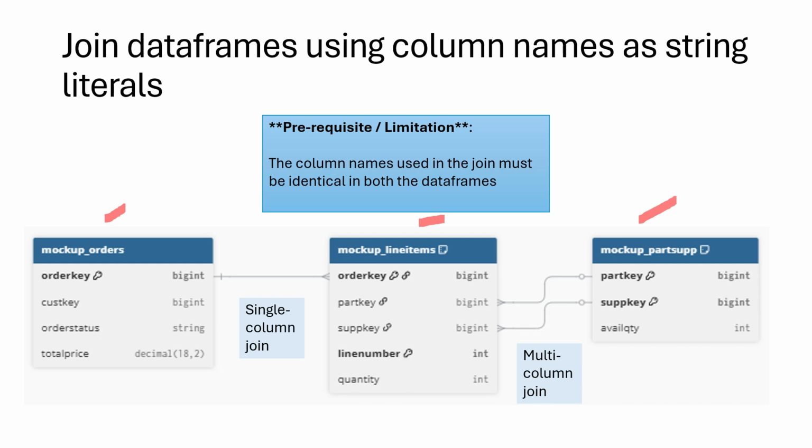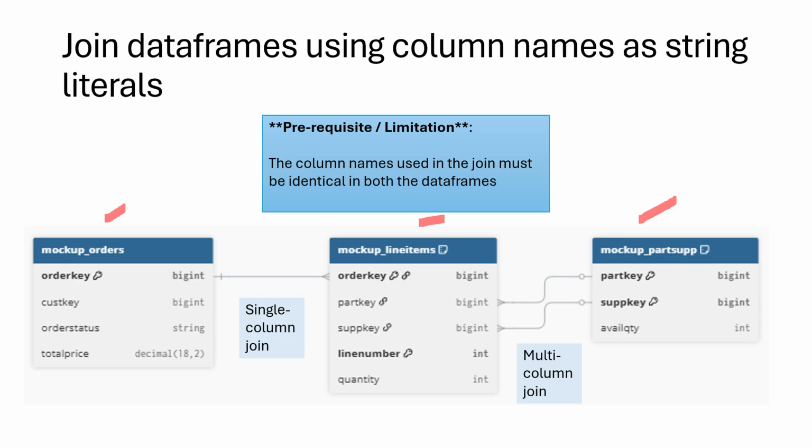From solution perspective, we have to be aware of one prerequisite, especially if we want to use string literals as join condition. That prerequisite is that the column names which we want to specify in the join condition must be exactly the same between the data frames.